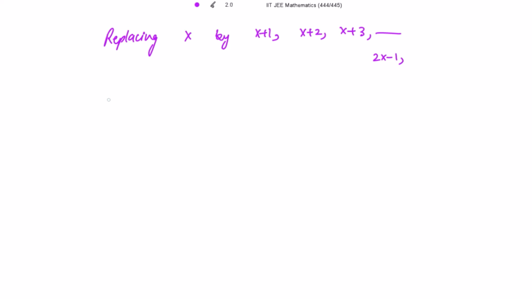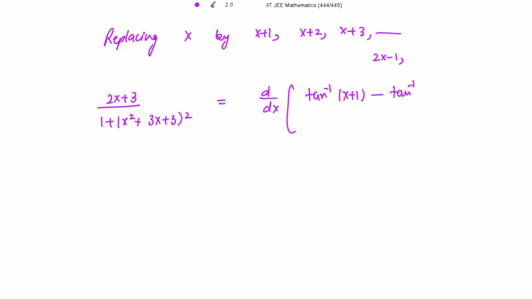We get 2x plus 3 divided by 1 plus x square plus 3x plus 3 whole square, right? So this is equal to the derivative of tan inverse, instead of x I write x plus 1, minus tan inverse x plus 1 becomes x plus 2.